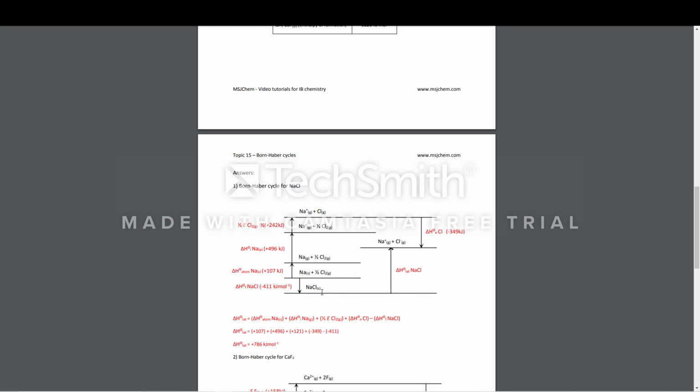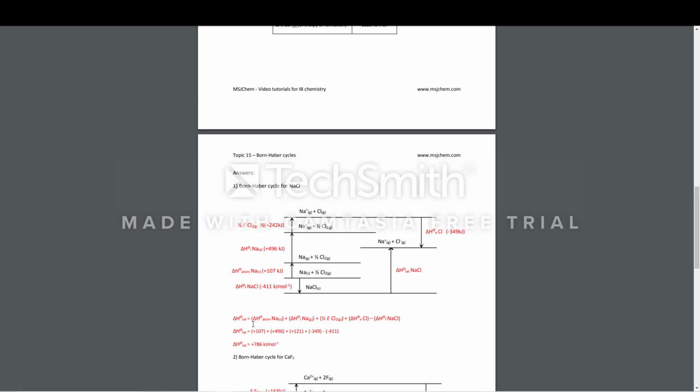But you can see the arrow here is reversed. That means we need to change the arrow to make it so we can add it. And changing the arrow means we need to change the sign of the energy here. So that's why we have a minus minus here, which makes it positive.